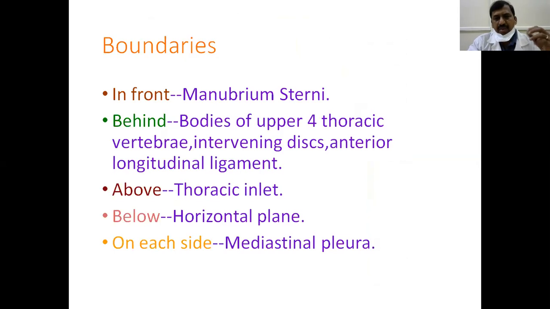And behind by the bodies of the upper four thoracic vertebrae, intervertebral discs, and the anterior longitudinal ligament. The anterior longitudinal ligament is a fibrous band in front of the bodies of the thoracic vertebrae.